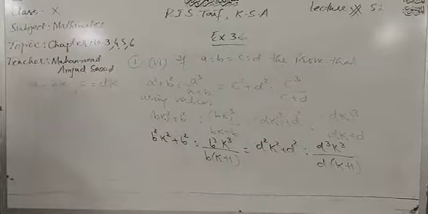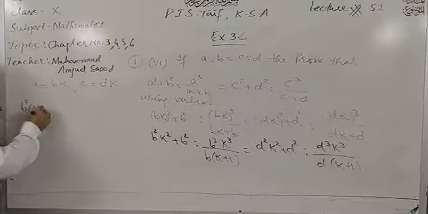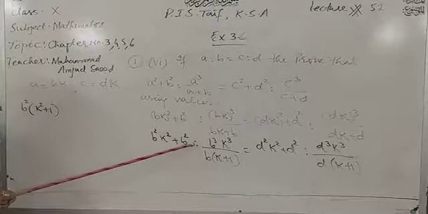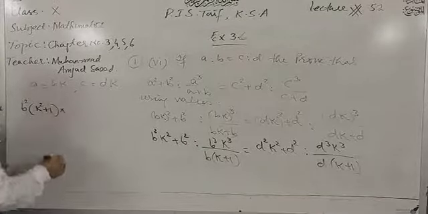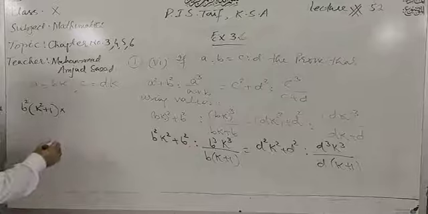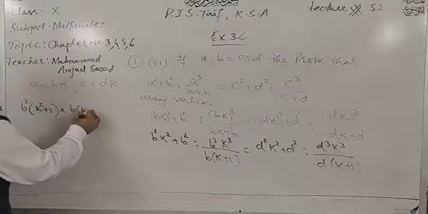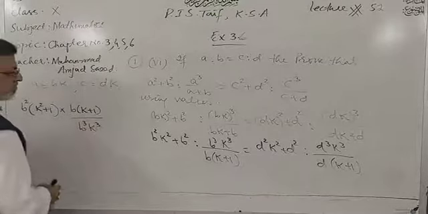Dear students, we have b square common, k square plus 1, and this ratio means over. So you can have multiplication, but the right hand side will become reciprocal: b into k plus 1 over b cube k cube.